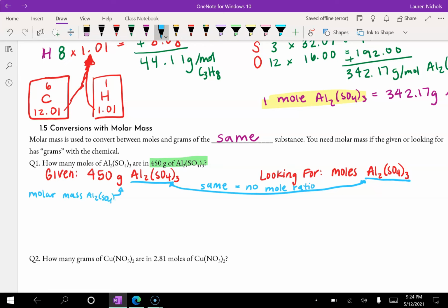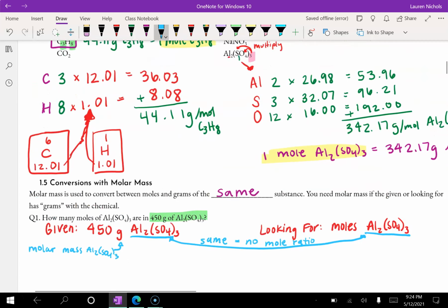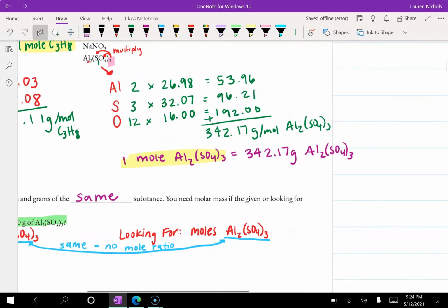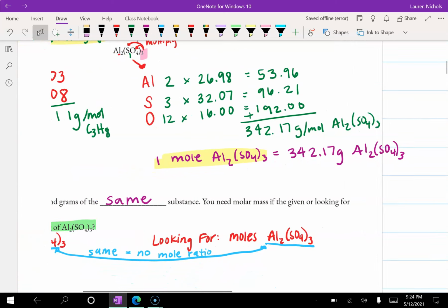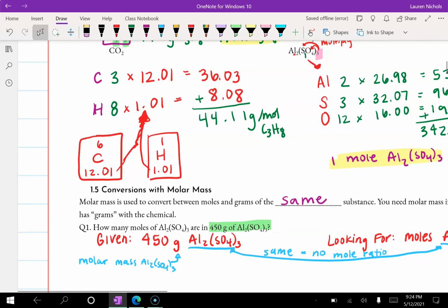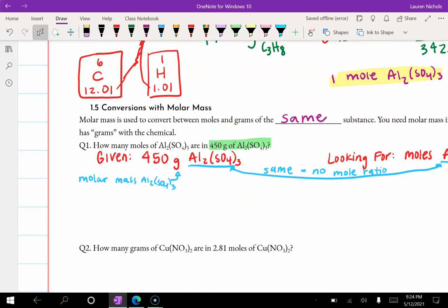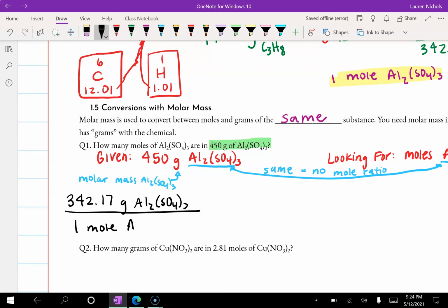Now, luckily for us, we already calculated this up here. We calculated our molar mass. And so what we're going to do is use that number as a fraction. So that would be 342.17 grams of aluminum sulfate over the 1 mole of aluminum sulfate.